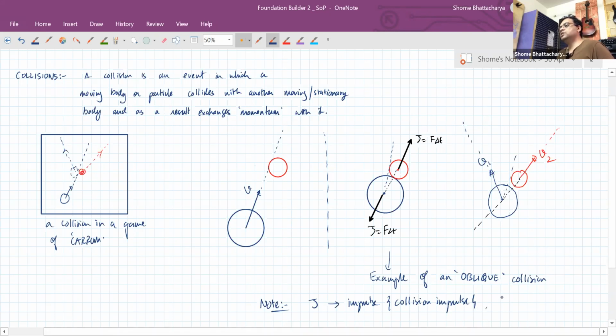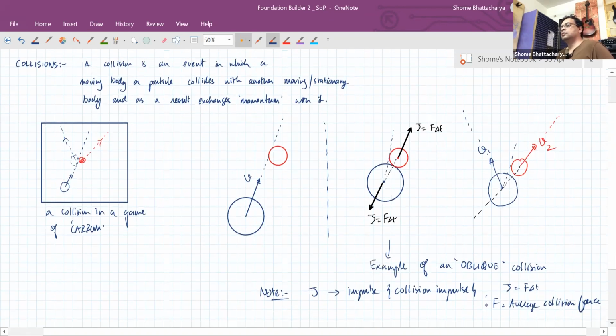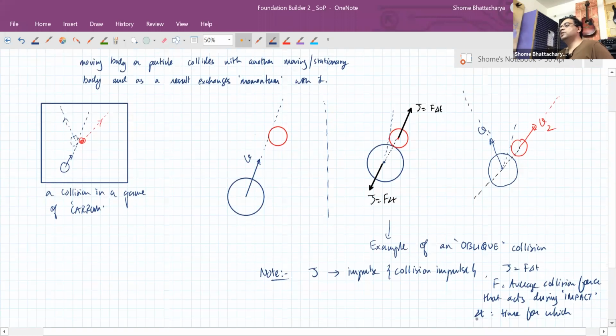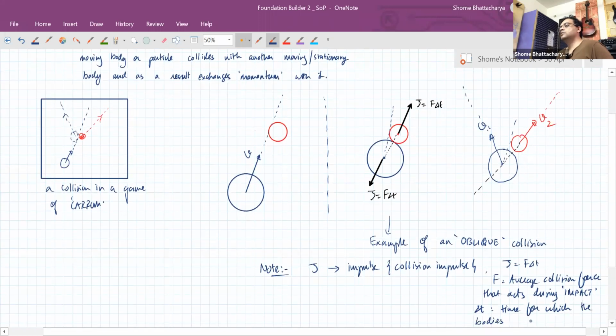Impulse is equal to force into time, where F is the average collision force that acts during impact, during the impact between the two bodies, and delta T is the time for which the bodies are in contact during the impact.